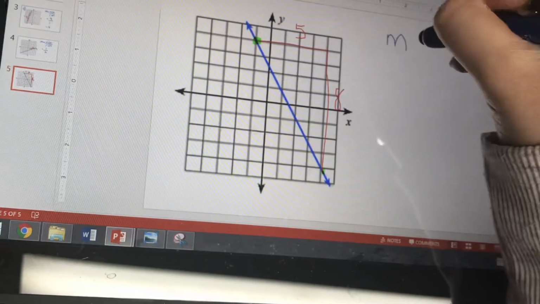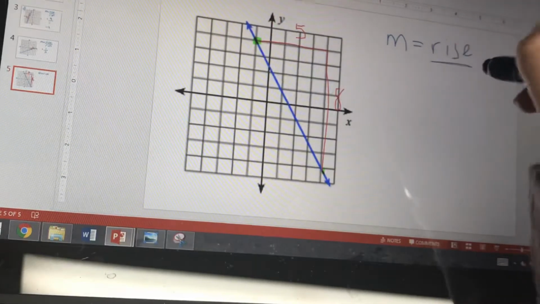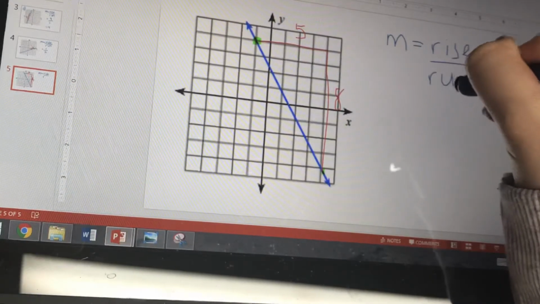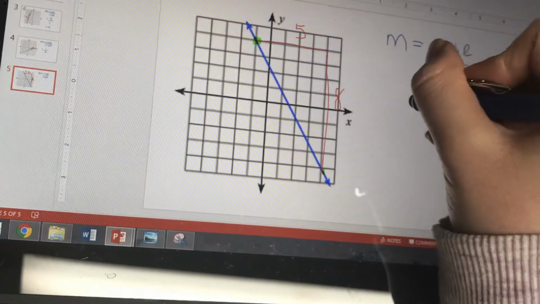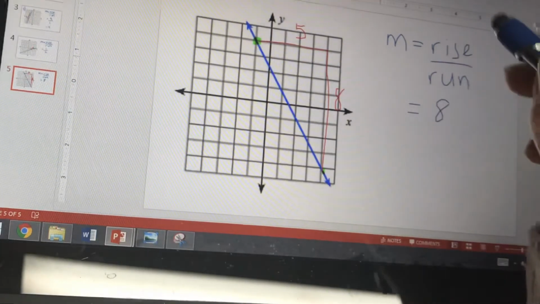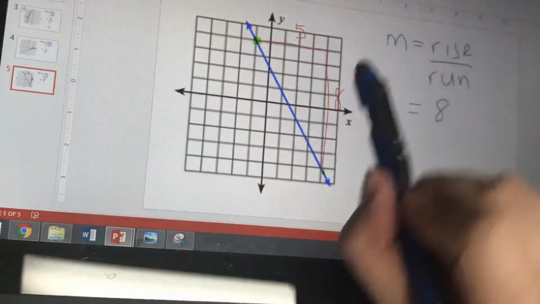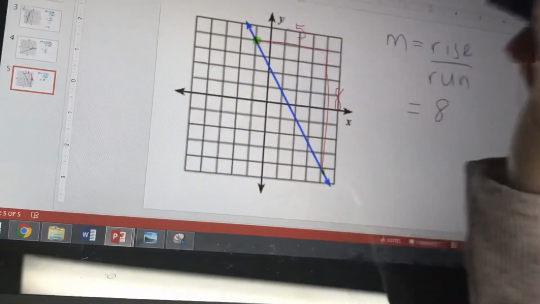So as with anything, it's always good to write out the formula every time, just to show your work and to help you remember it. So we always say slope is equal to rise over run. And that equals, our rise here was 8. And our run, I ran to the left, so my run is actually negative.